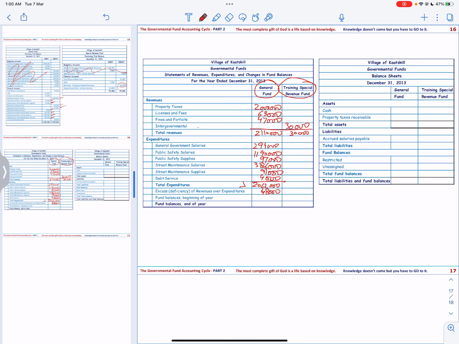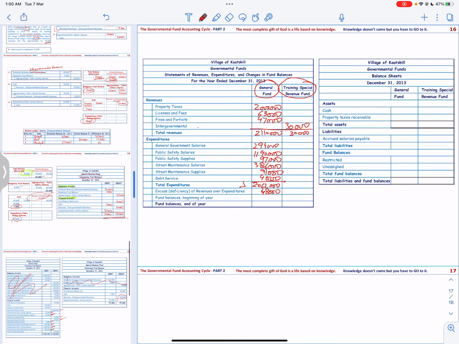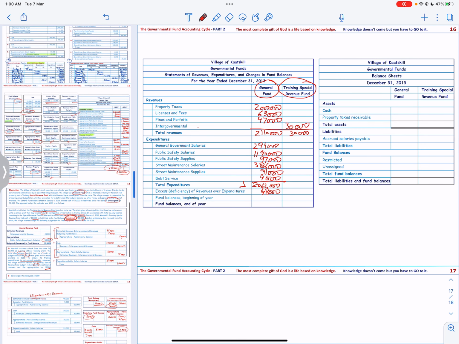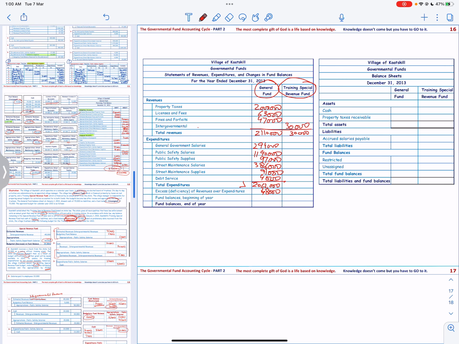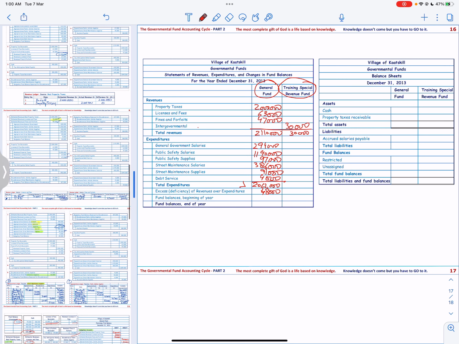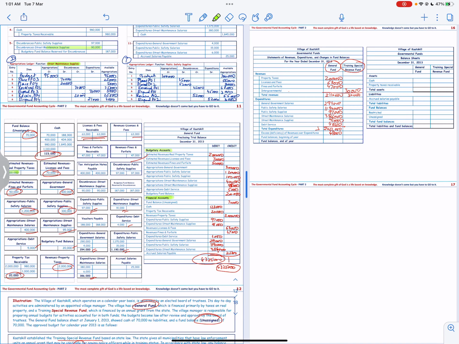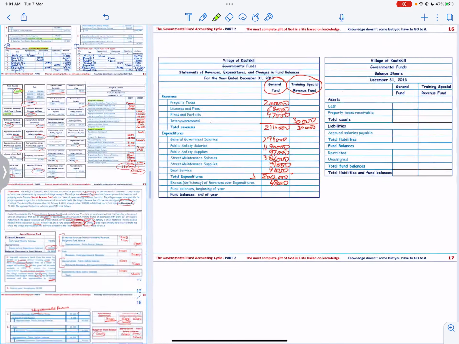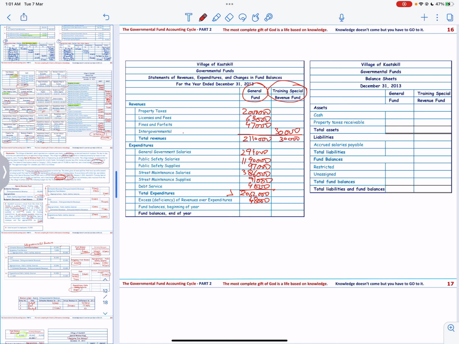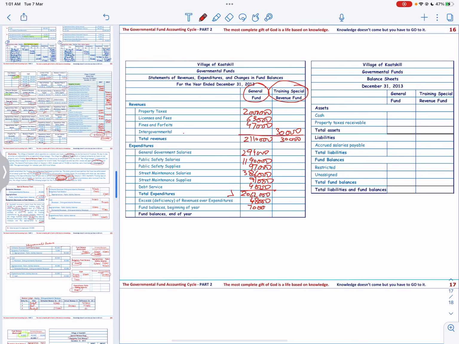If you can remember, the fund balance at the beginning of the year in the T account was 70,000. So we record the beginning balance of 70, and the total now is 118,000.